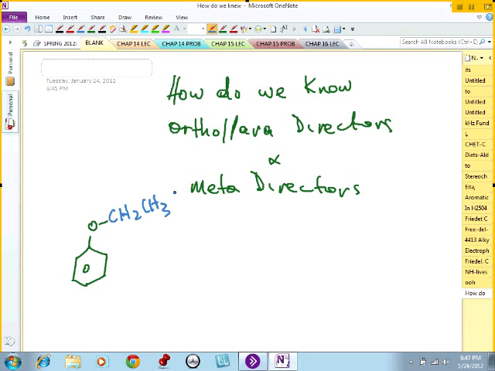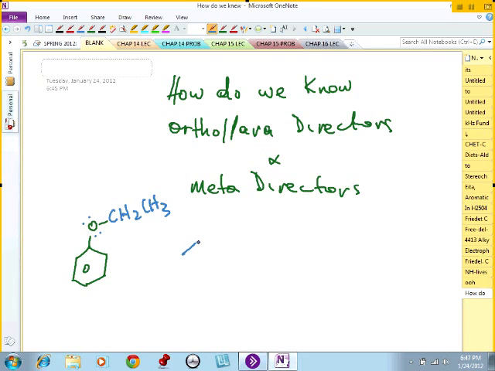Based on what I just told you, any group in which the atom that is attached to the benzene ring contains a non-bonding pair of electrons will be an ortho-para director. In this case, you have non-bonding pairs of electrons on oxygen. So this group here will be an ortho-para director.